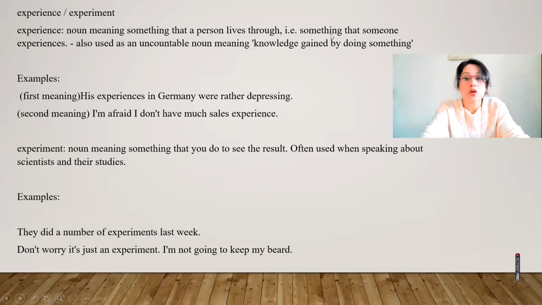Here we are talking about something that you live through as a person. And the second meaning, knowledge that you gain by doing something: I'm afraid I don't have much sales experience. So there are two different meanings of experience.